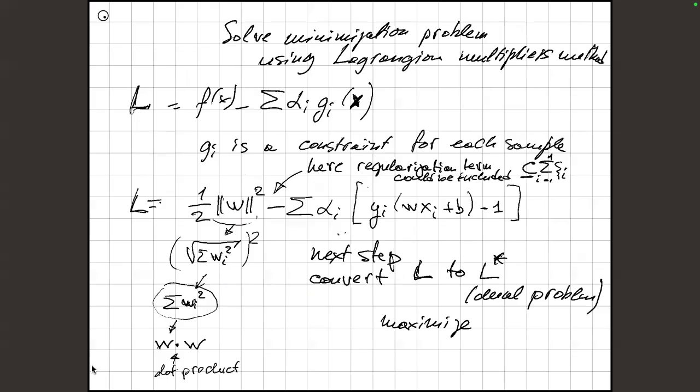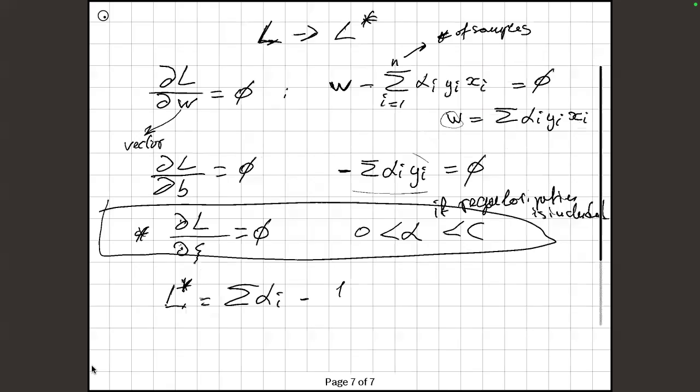Well, when you open the parentheses, you will see that a term with alpha_i y_i, sorry, not x_i, will turn to 0.